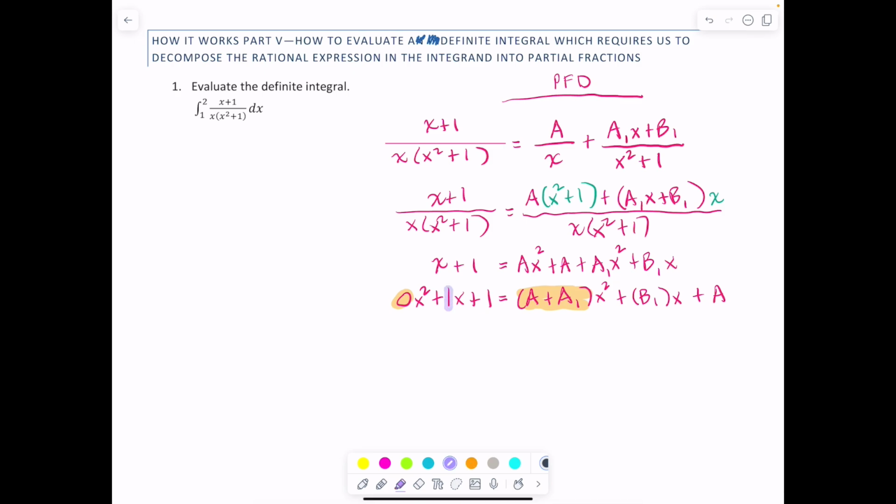The 1 coefficient of x is equated to b1. And the constant, positive 1, is equated to a.